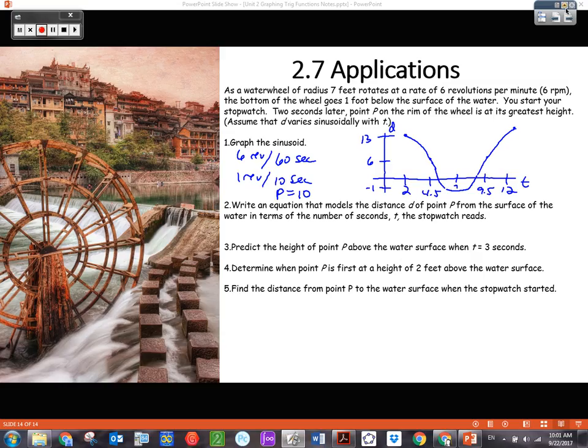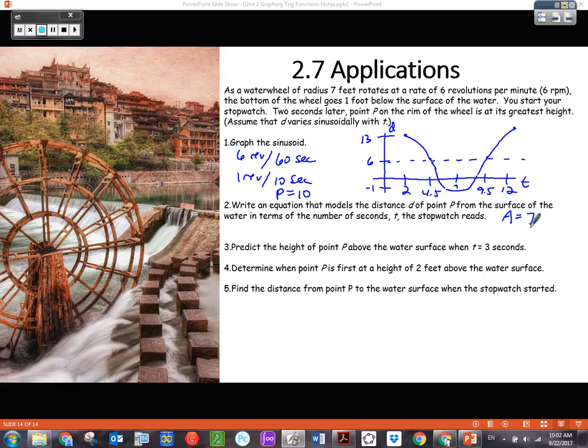So first of all, our A is our distance between the middle and the top, or the middle and the bottom. And so that would be a 7. Our A is a 7. So again, we're going to gather information. A is 7. B, if you recall, we find by using the period.